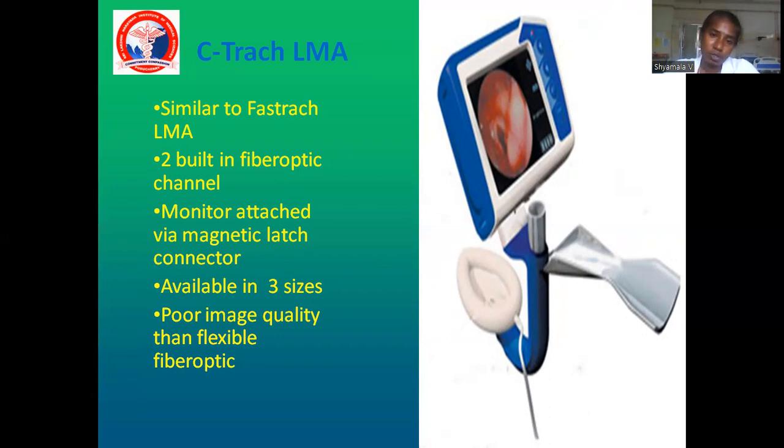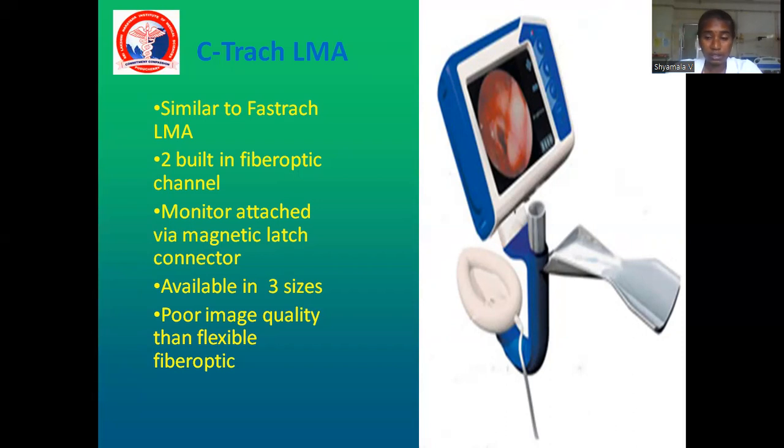The combi tube has 2 cuffs, one proximal and one distal. One will lodge above the larynx and one above the esophagus. So if you want to ventilate the pharyngeal larynx, you have to put in the 2 cuffs.